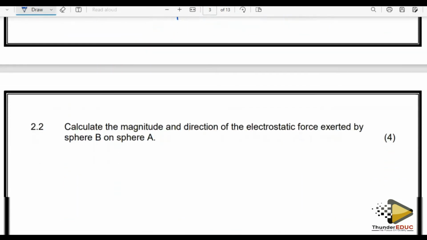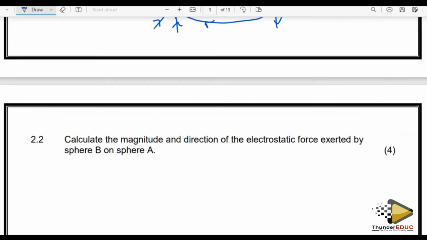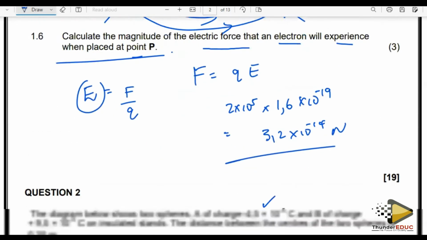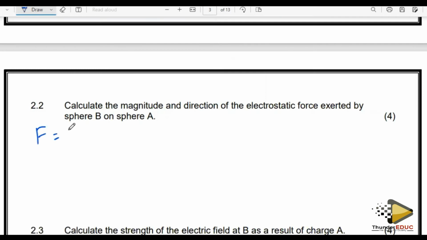All right, then 2.2: calculate the magnitude and direction of the force exerted by B on sphere A. Okay, so from electrostatic force, we said F is k Q1 Q2 over R squared. That's 9 times 10 to the 9.